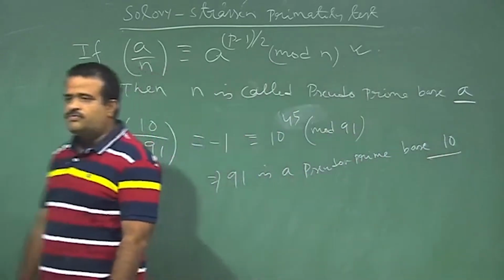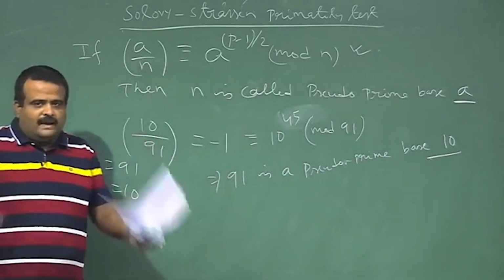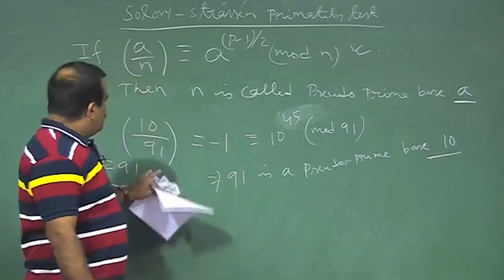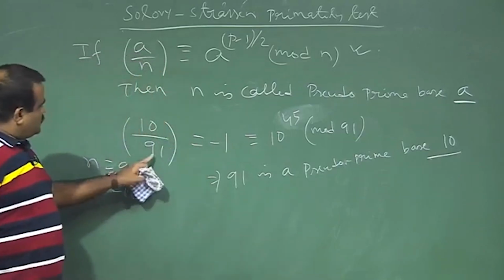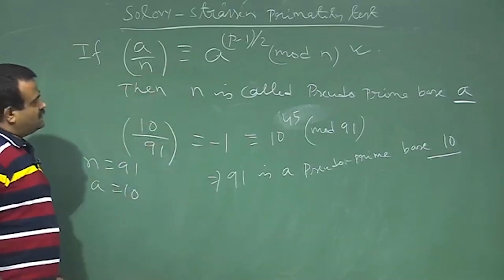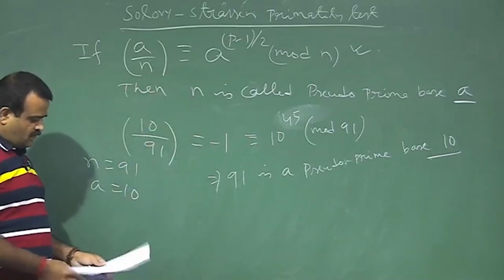Okay. If it is true for all such a, then it will be a real prime, but if n is composite, although there exists some a for which this Euler criterion is satisfied, then it is called a pseudo prime. Okay.